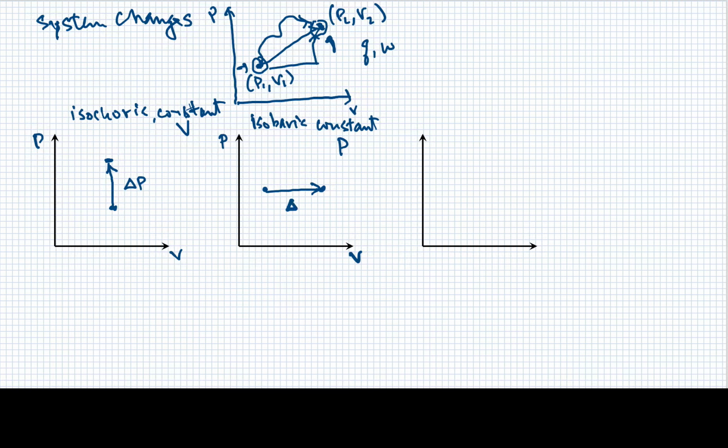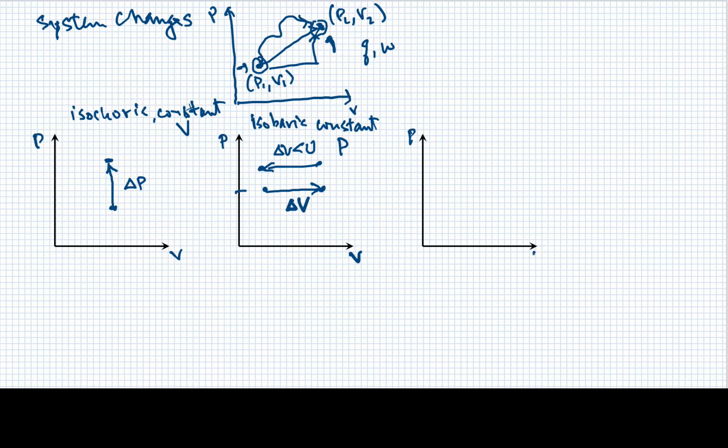In this case, I'm going to have a change in volume, but no change in pressure. The pressure listed over here is constant. Now I've drawn this as an expansion because the delta V is positive, but I could have also drawn this for a compression where the delta V is negative. All right, so you can represent both of these things on a PV diagram.